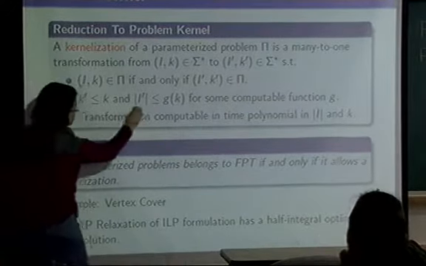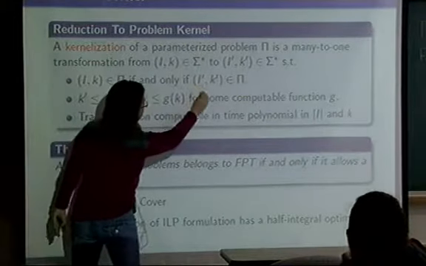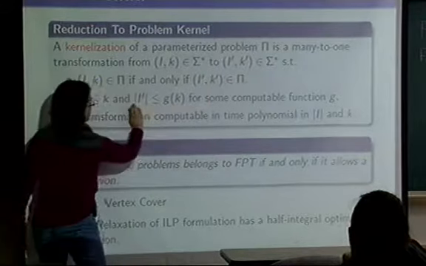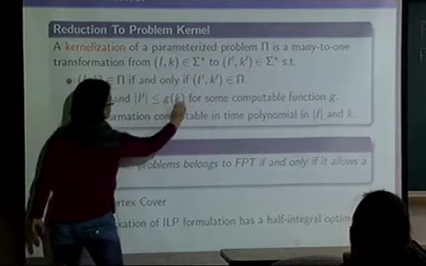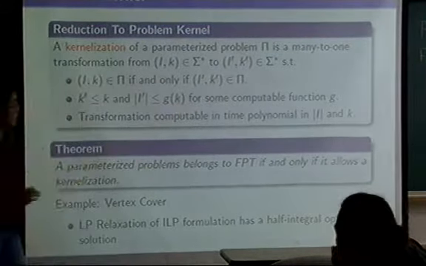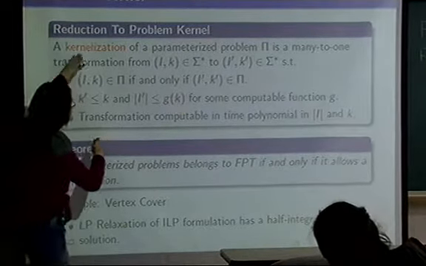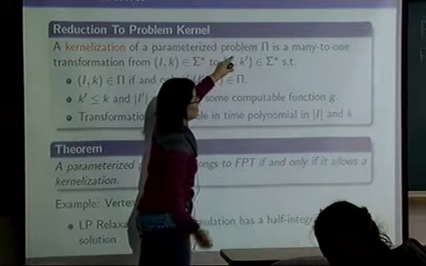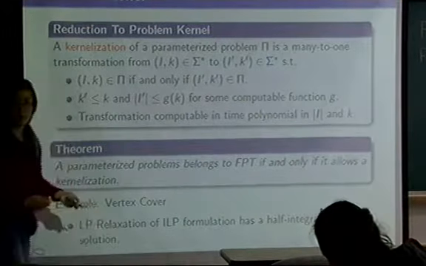But the difference is we want to bound the size of the reduced instance by a function of k. So we reduce a problem into something equivalent and small.